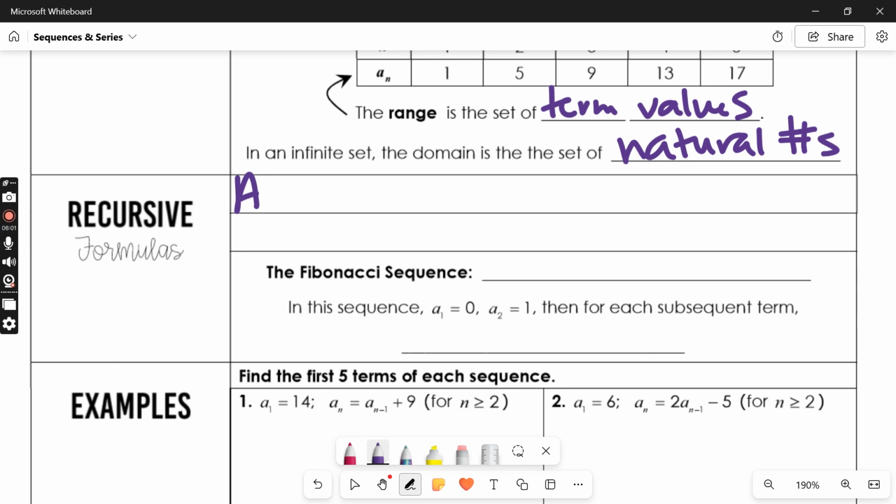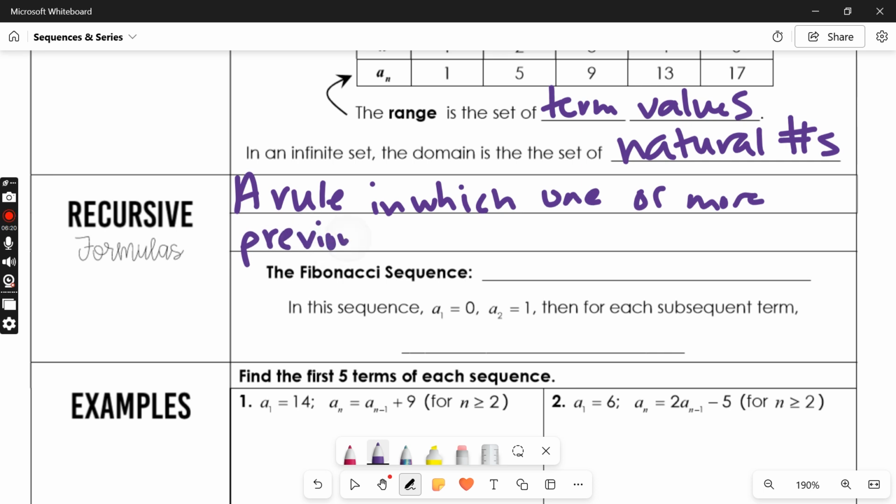A recursive formula is a rule in which one or more previous terms are used to find the next term.